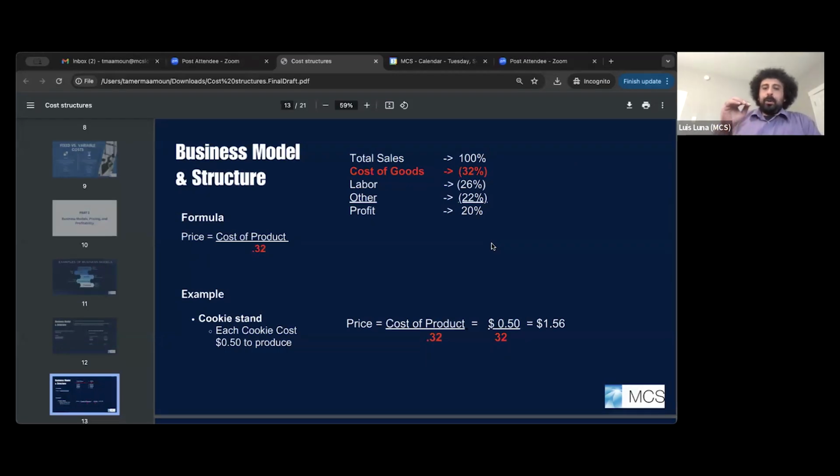So if it costs you 50 cents to produce a cookie, and you want to understand the best way to price something, then you can take this cost of goods sold and divide it by the cost of the product. And you have what you should charge to maintain that your cost of goods be 32%.